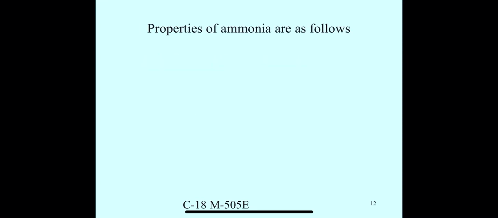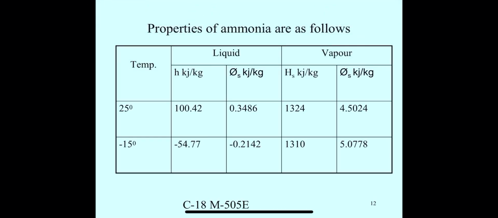So before going on, the properties of ammonia as follows: at temperatures of 25 degrees and minus 15 degrees centigrade, the liquid and vapor states are given, the liquid side and vapor side.